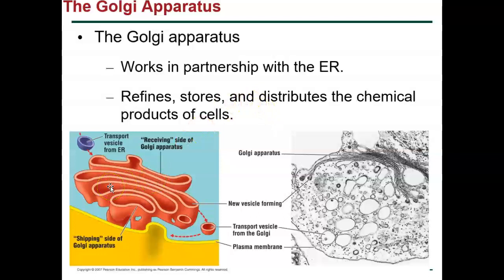So if you think of a 1920s prohibition Italian mobster boss, and sorry if you have Italian heritage and I'm making fun of you, sorry. But if this memory trick helps you, when you see the big frowny face, you think of the mobster boss and the Golgi, and that it distributes chemical products of cells, then my silly memory trick has helped you.